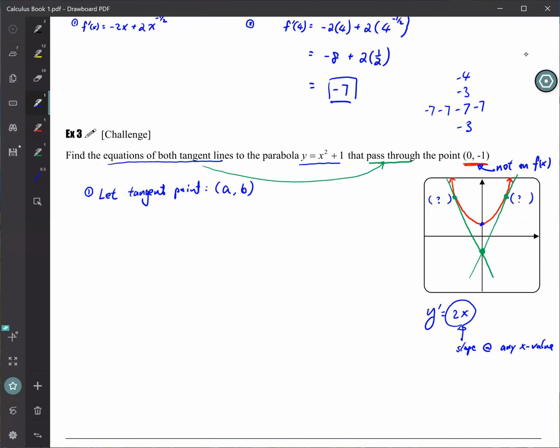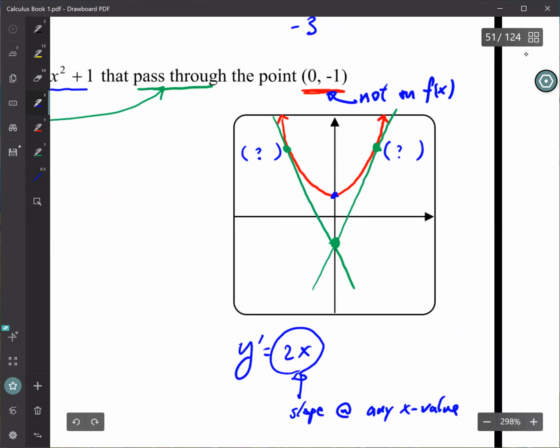Okay, so we need to figure out what A and B is first. If we know where the AB is, then this becomes an easy question, like question 2. Okay, so after that, then we'll put that into the picture now. So this will be AB.